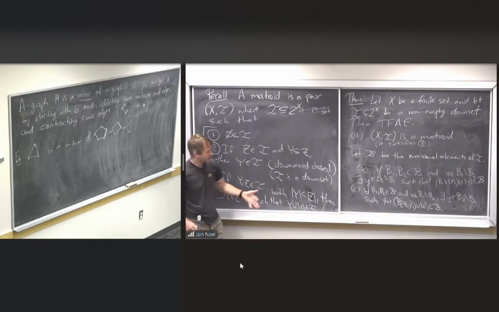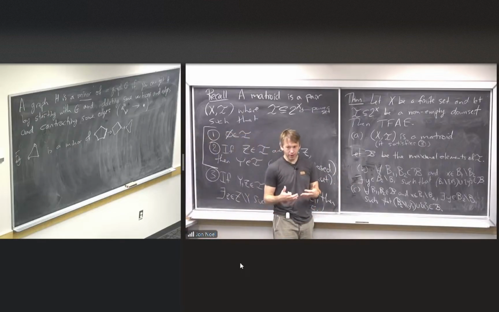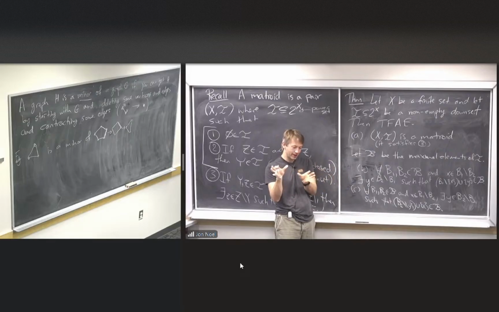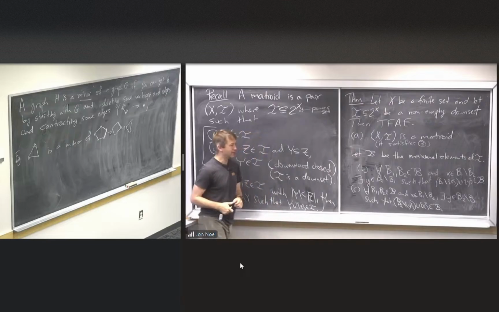Together these properties are called the basis exchange axioms. You can take two bases, take something in the first, not the second, delete it, and add something from the second. Or you could take the second and find something in it to delete and add the thing from the first. You can exchange elements between bases.